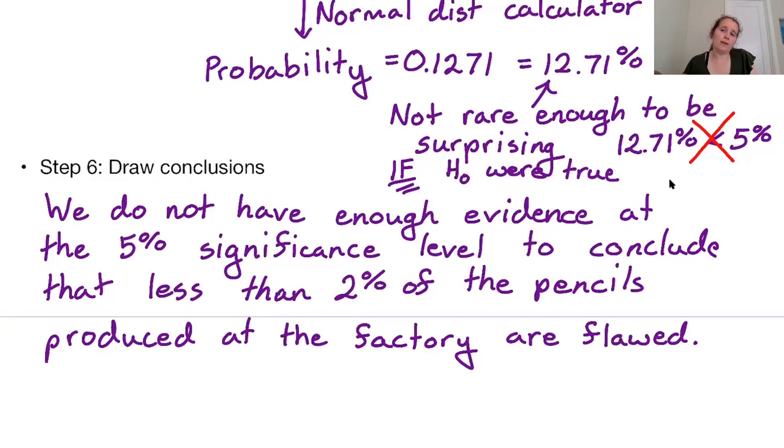We're not proving the null hypothesis, we're just letting it stand, unless we can prove the alternative hypothesis. In the courtroom, someone can certainly be guilty of a crime but not be convicted because there is not enough evidence. So it's possible that less than 2% of pencils are flawed, but we do not have enough evidence to strongly state that. So this is another example.